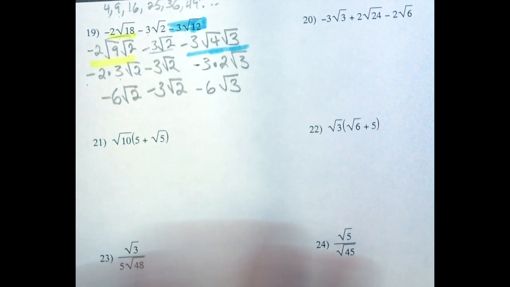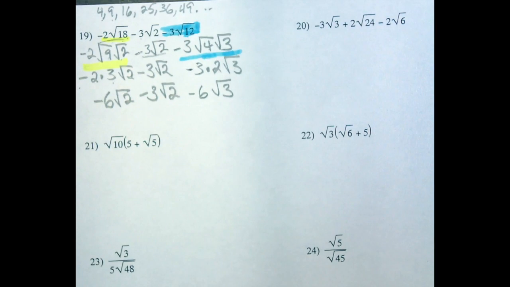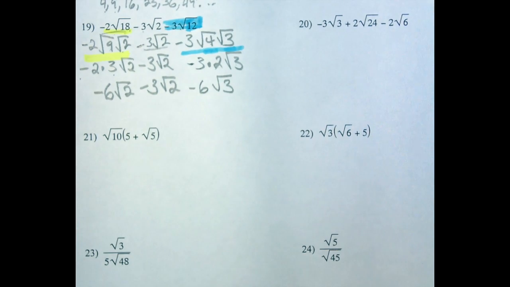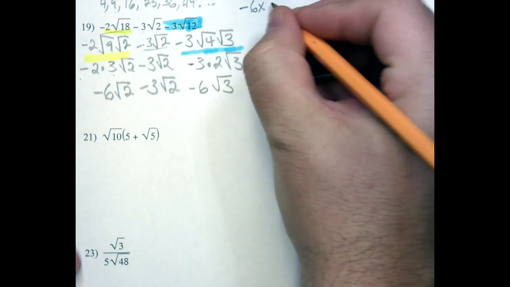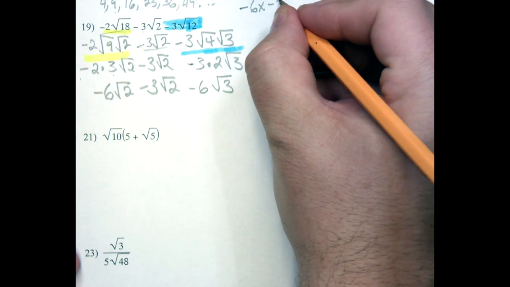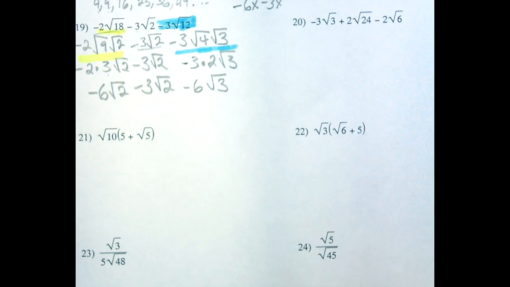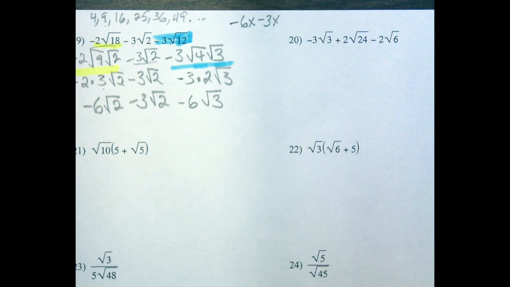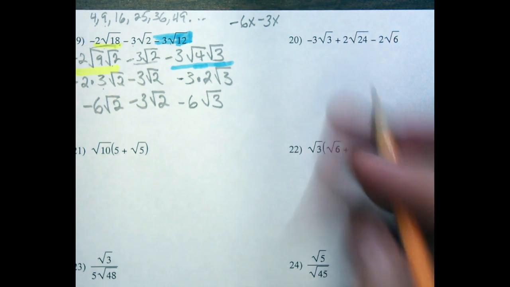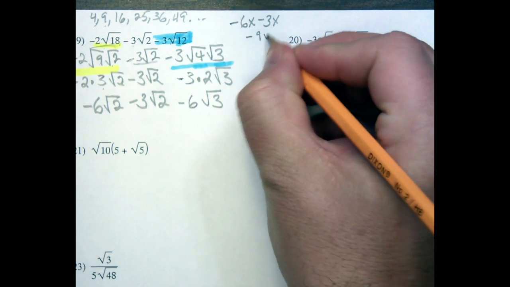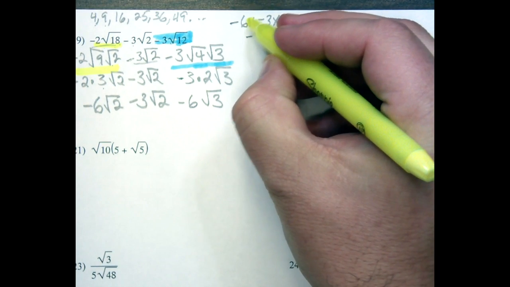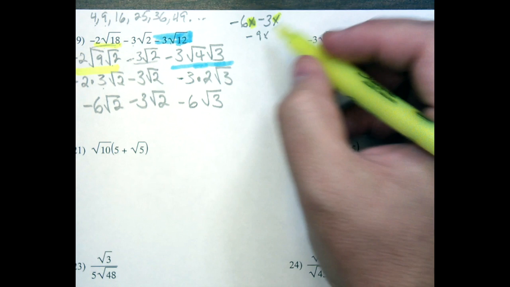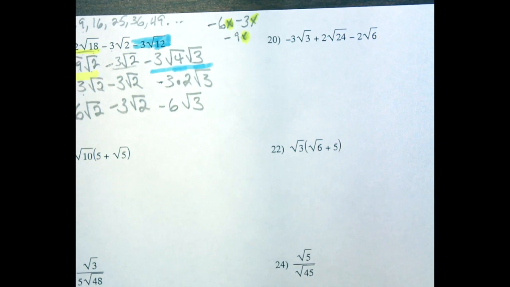Now I'm almost done. Almost. If I were to say to you guys, what's negative 6x minus 3x? If you guys were to combine those, what would you say? Negative 9x, right? Those combine to be negative 9x. Well, what we're doing is, remember that x represents a number, any number. And so it's like terms.